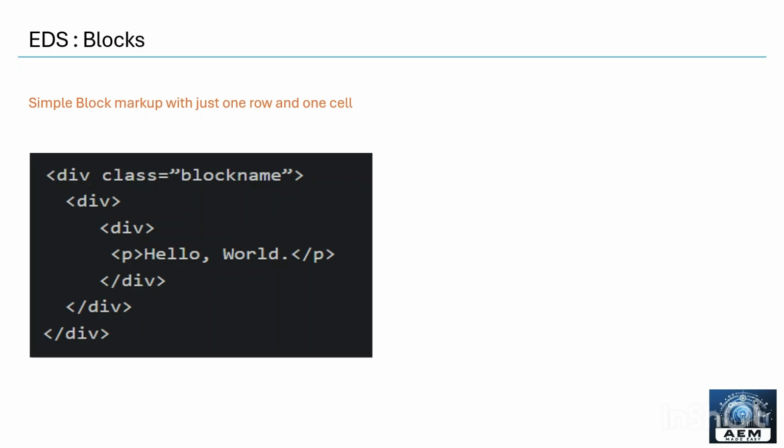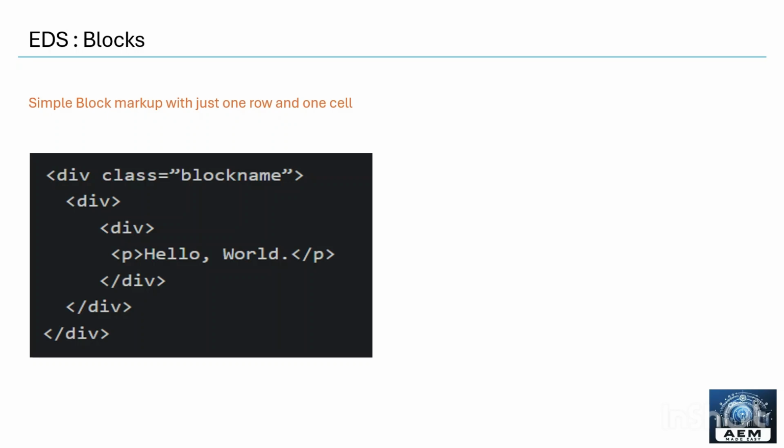A simple block can have just one row and one column, and how it is rendered on the page is, for each row there will be one div, and inside each row, whatever the number of cells there are, there will be a nested div for each column.